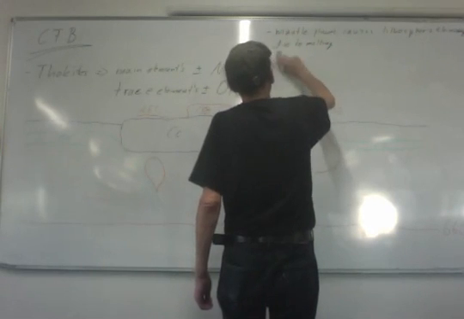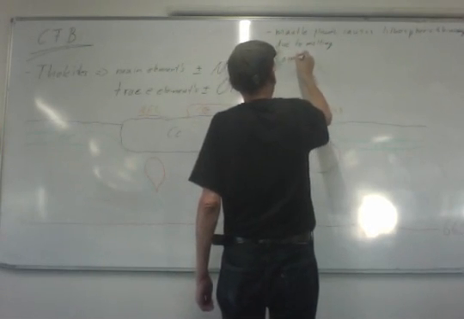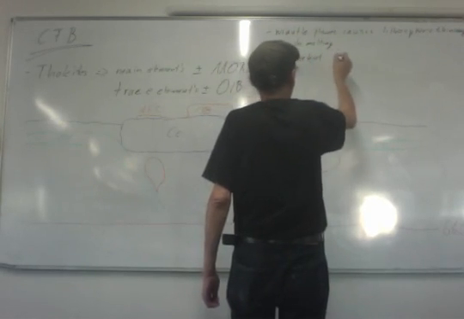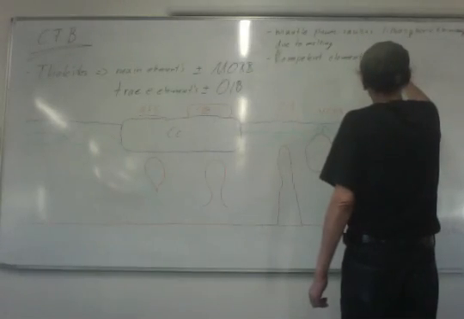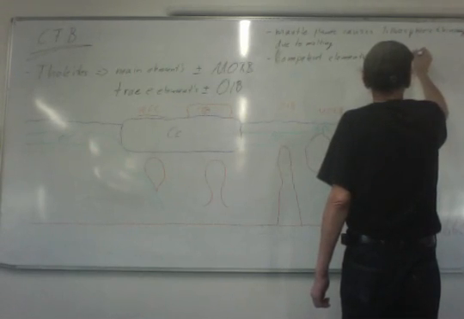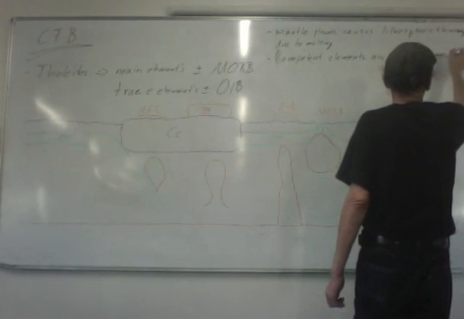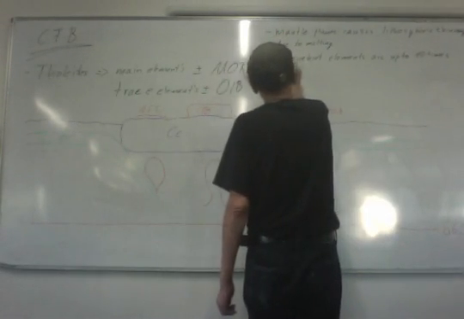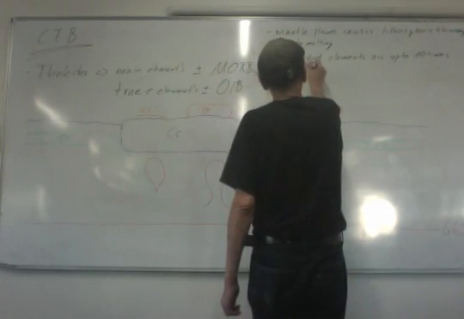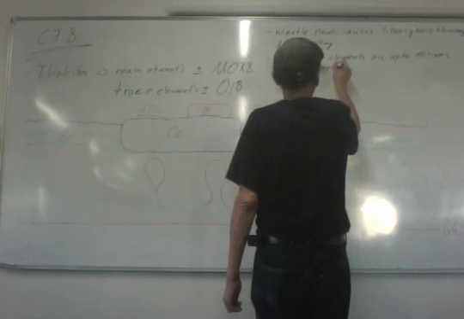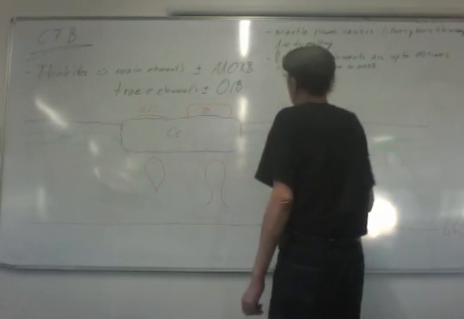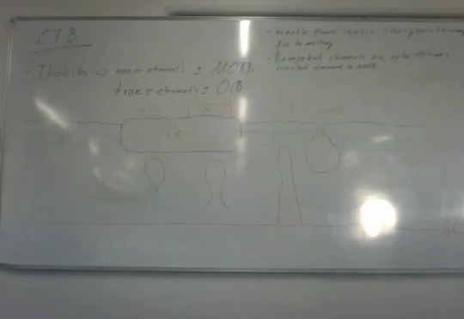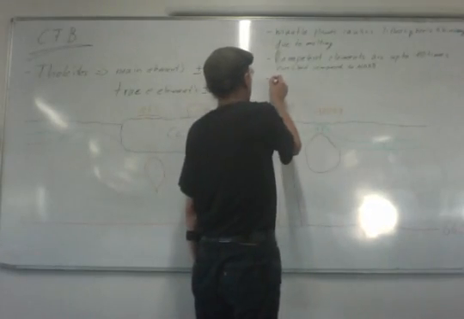So then the incompatible elements are up to 10 times enriched compared to MORB. Incompatible elements like potassium.